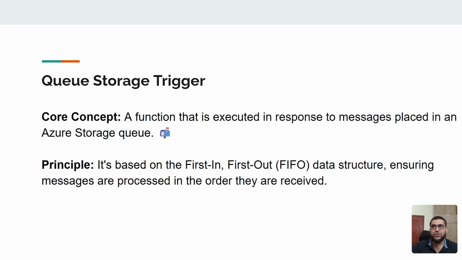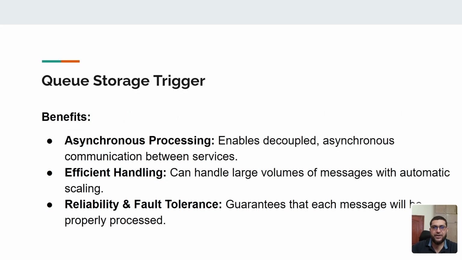It's used to make the system decoupled, and here are some benefits: we can use this for asynchronous processing, it enables decoupling of communication between two different services, and it can handle a large amount of messages with automatic scaling. It is also reliable and fault tolerant, as it guarantees each message will be properly processed.